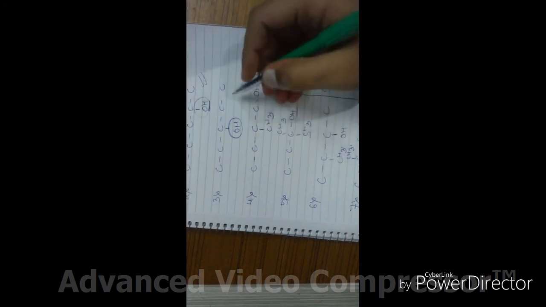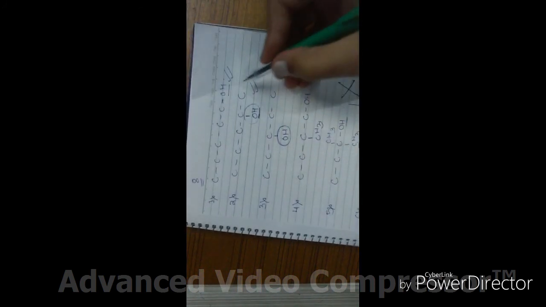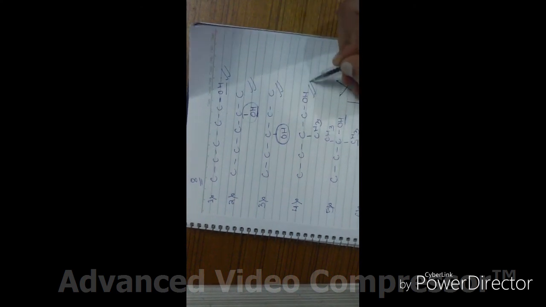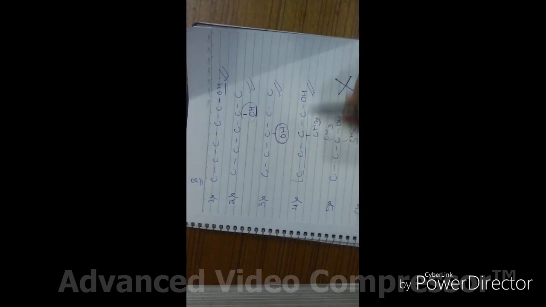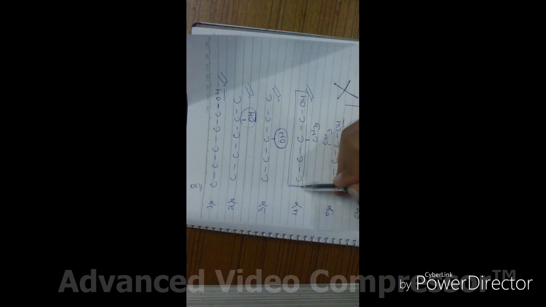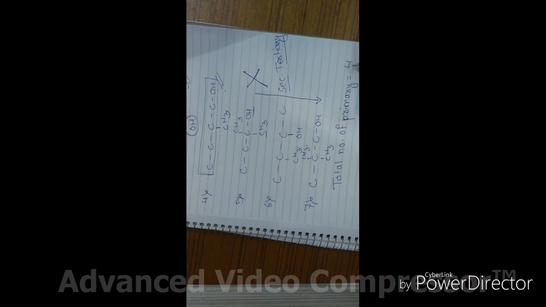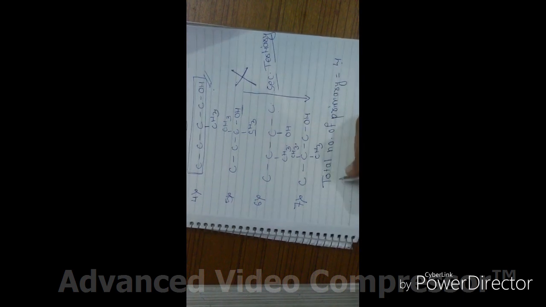This is the first primary isomer, second, third, and this fourth. This is present in the parent chain, so this is also a primary isomer. So 4 primary isomers are present.